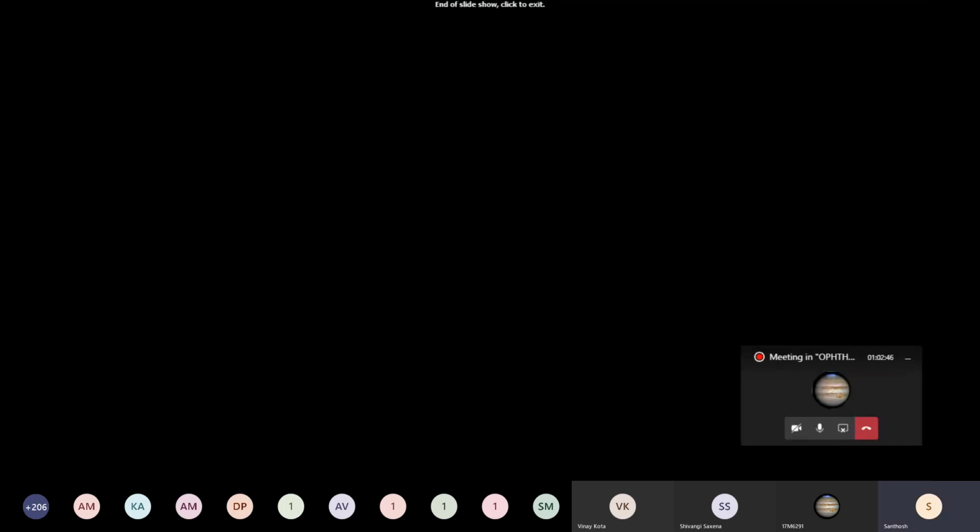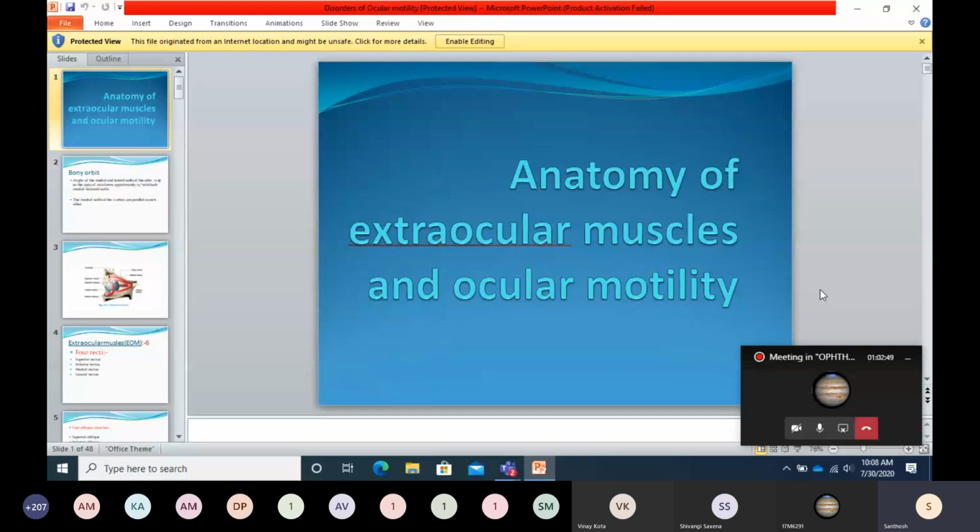I think that's enough for this class. I'll conclude by emphasizing that understanding the origin, insertion, nerve supply, and remembering the primary, secondary, and tertiary actions of all the muscles using the mnemonics I have given, and remembering their attachment from the limbus by one more mnemonic, MILLS, wherein medial rectus is the closest and superior rectus is the farthest from the limbus, and remembering the size of the muscle and its extent of attachment, are the important points that you have to remember and reproduce whenever you are asked, either in theory or in viva voce.